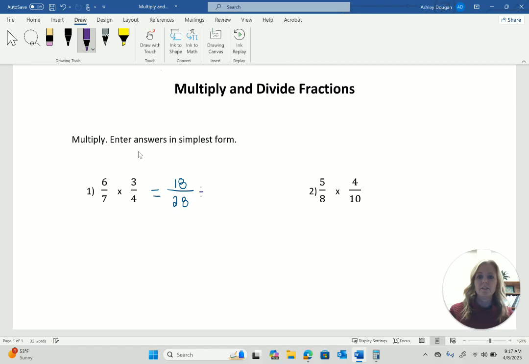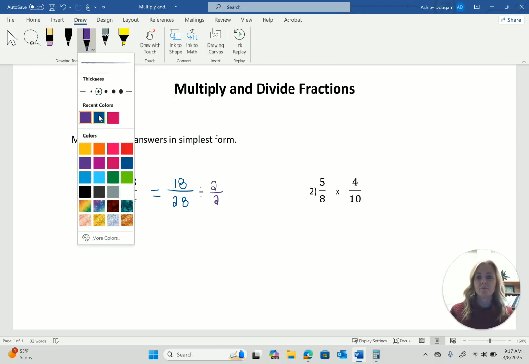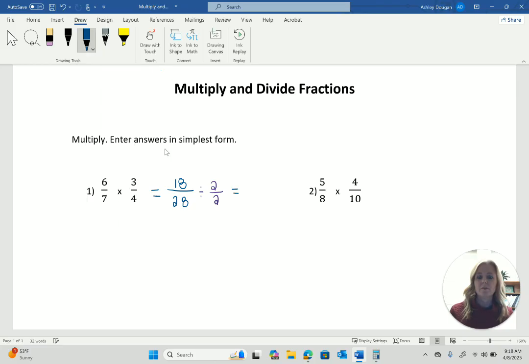So I'm going to divide the top number by 2 and also the bottom number by 2. You have to divide top and bottom by the same number. And that's going to give me 9 over 14.